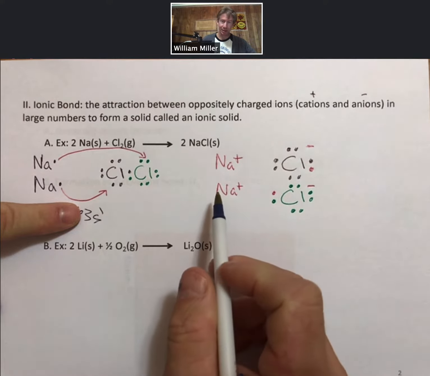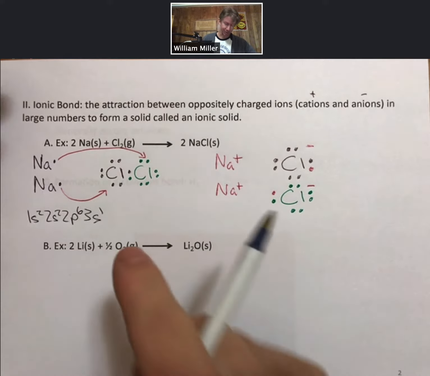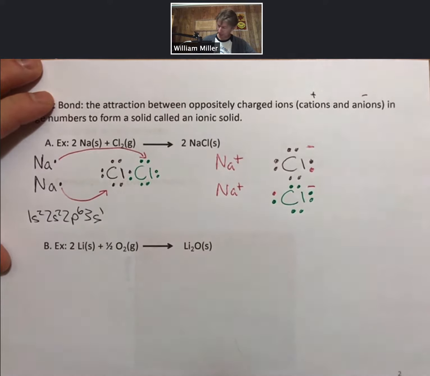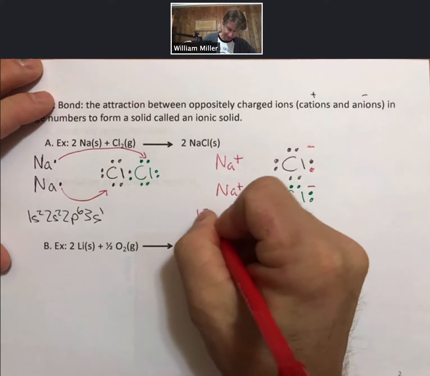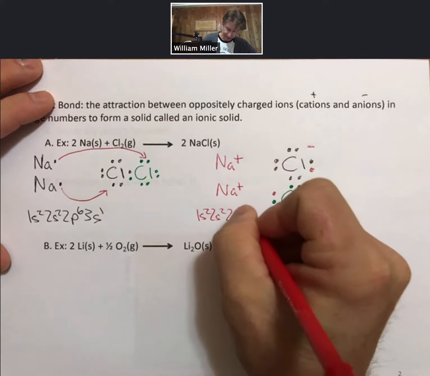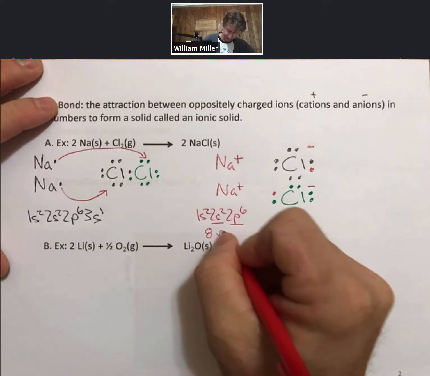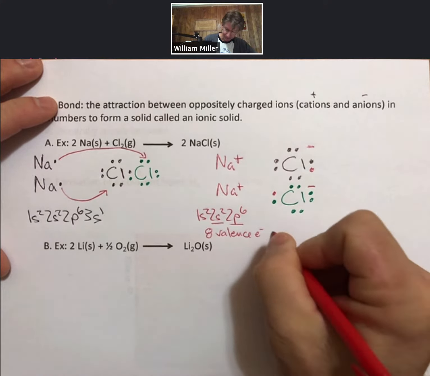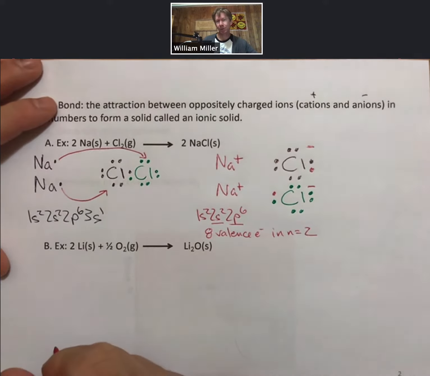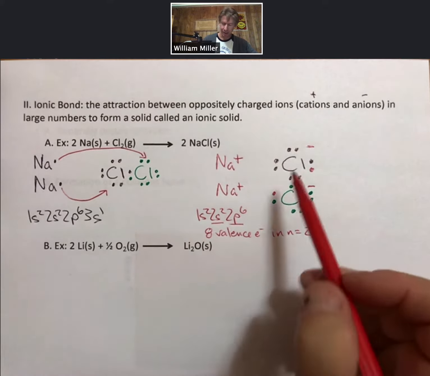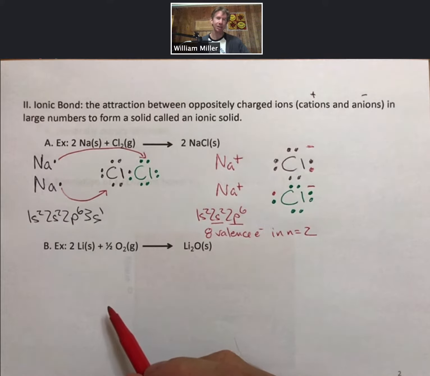But from another perspective, and this is the correct perspective, it still has 8 valence electrons in the n equals 2 level. So each of the sodiums is 1s2, 2s2, 2p6. Really, each sodium has 8 valence electrons in n equals 2. And each chloride clearly has 8 valence electrons.